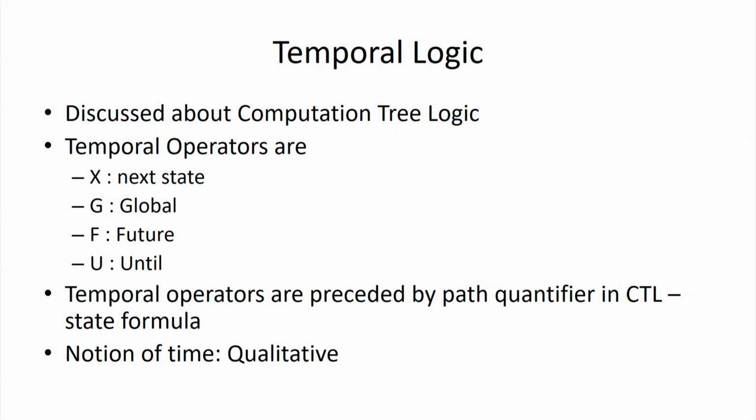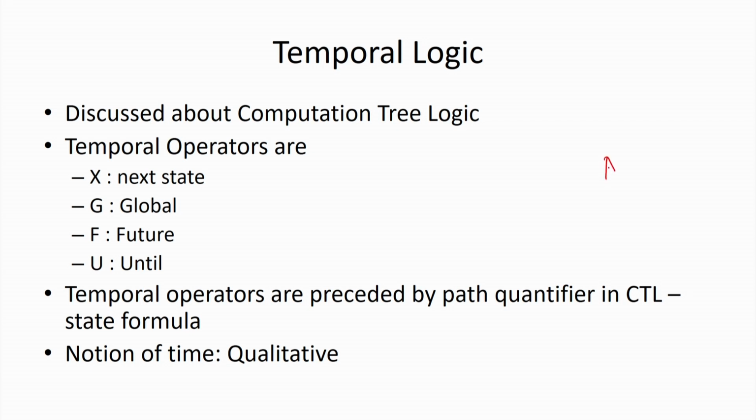We have two path quantifiers, A and E. A is for all paths, E is for there exists a path. When we precede those temporal operators with a path quantifier, everything becomes a state formula. That means we are specifying properties of the system in a state, and CTL model checking basically takes care of state formulas only. And whatever operators we have discussed till now, X, G, F and U, if you look at the notion of time, these are qualitative in nature. What do we say?